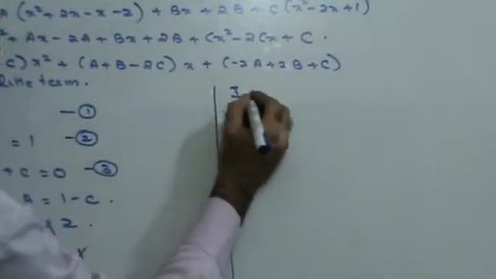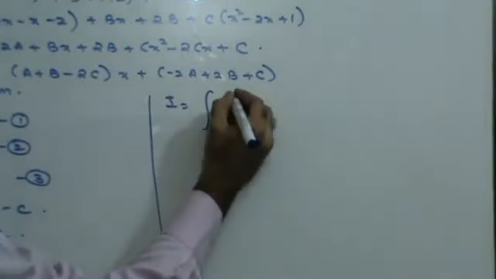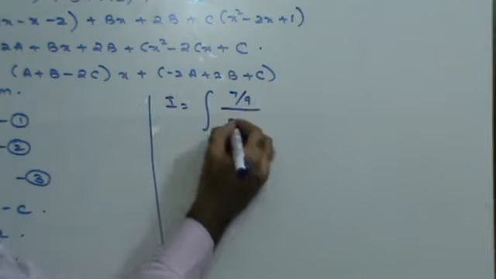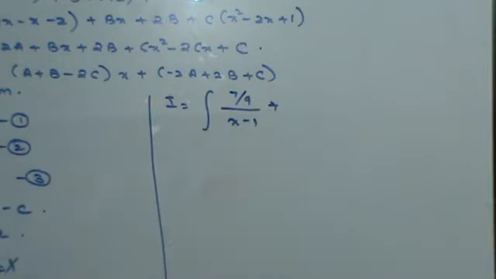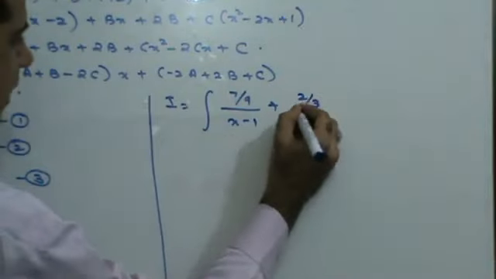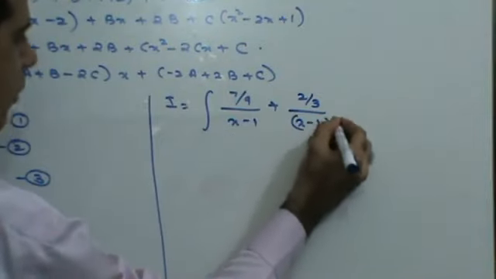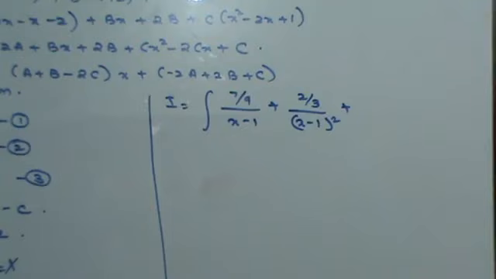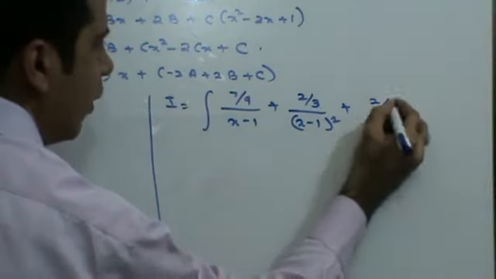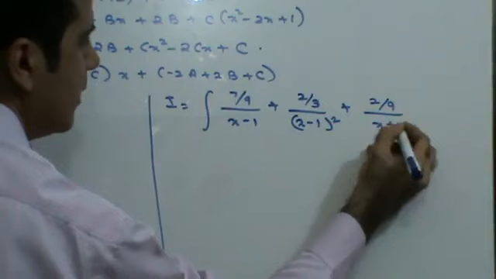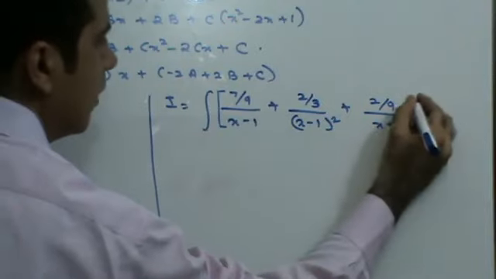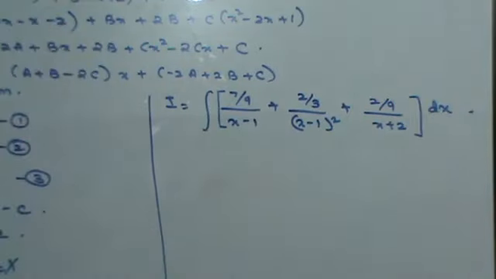So I can say I is integral of a, a we found out as 7 upon 9, upon x minus 1 plus b, b we found out as 2 upon 3, x minus 1 the whole square plus c, which we found out as 2 upon 9, upon x plus 2, dx.